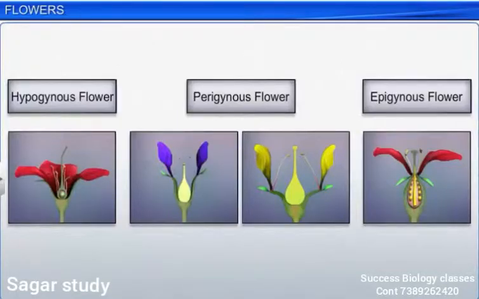Based on the position of the gynecium with respect to the calyx, corolla, and androecium on the thalamus, flowers are described as hypogynous, perigynous, and epigynous.